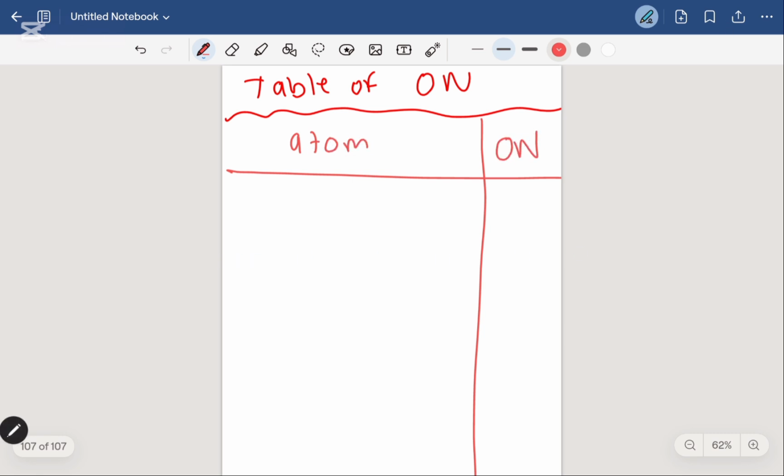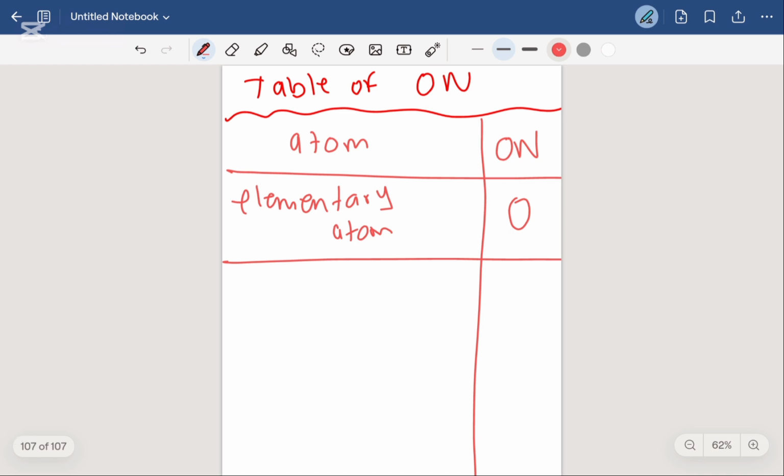So the first thing we start with is what we were talking about, an elementary atom. What does an elementary atom mean? It means an atom itself. And we said an atom cannot give charges to itself. So that means its oxidation number is always 0 if it is an atom of an element by itself.